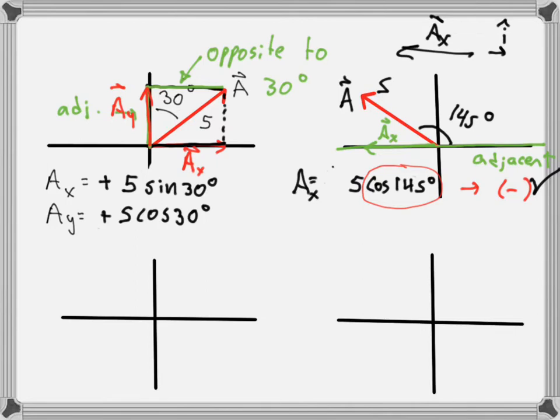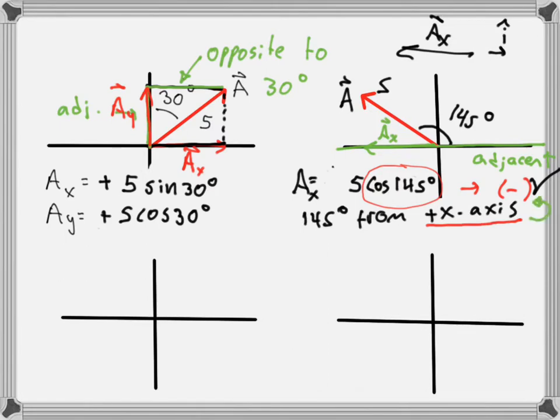So they're opposite to each other, and the x component needs to be a negative number, but cosine of 145 already gives you a negative number. So there's no need for you to put the minus sign by hand. If you were to put a minus sign in front of the 5, the whole quantity would be a positive number, AX would be positive, and that would be wrong. AX has to be a negative number. So 5 cosine of 145 is correct.